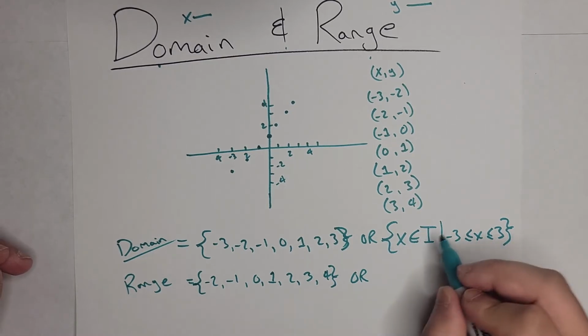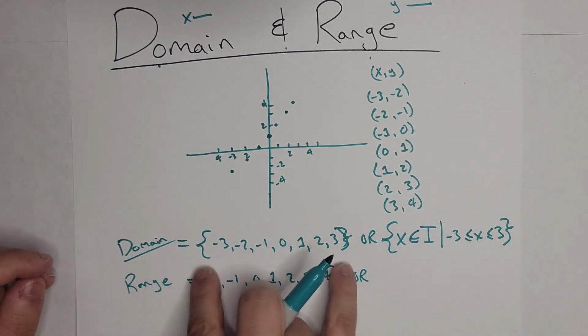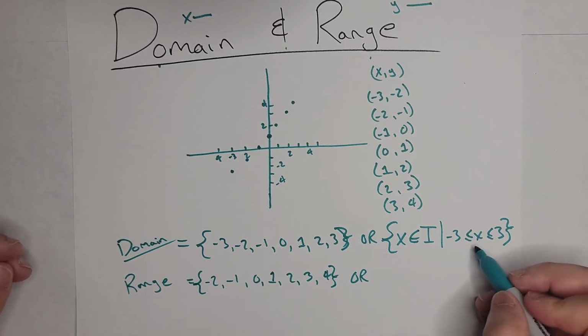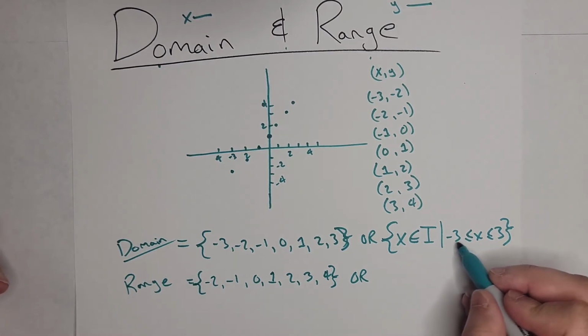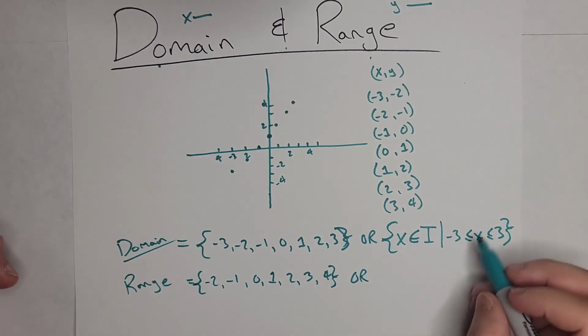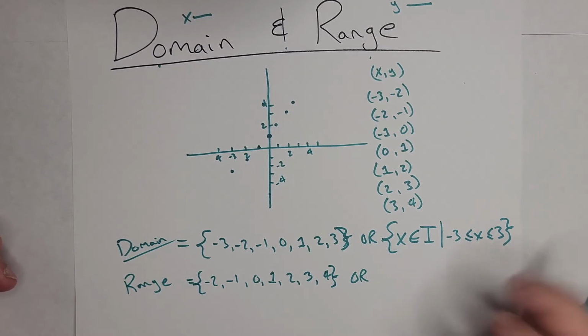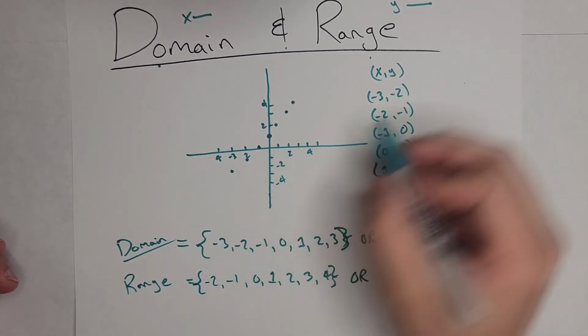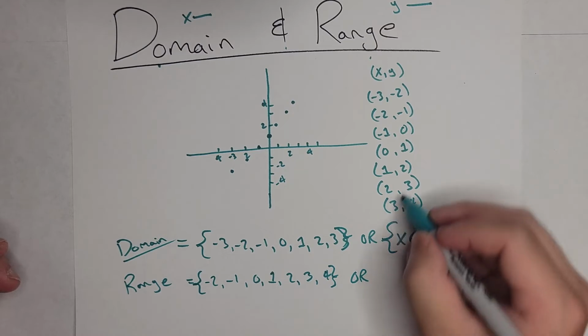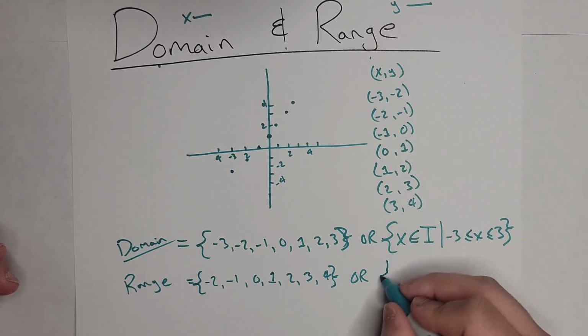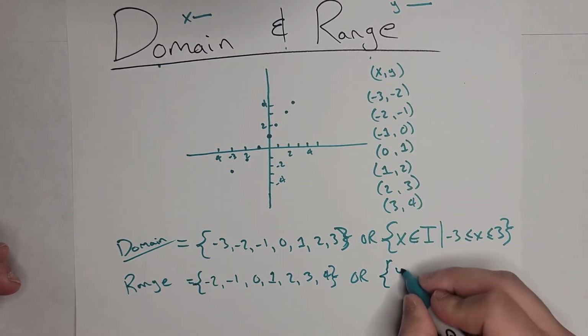So this basically means this. X is all the integers in this range, domain, but within these two numbers. We know that from -3 to 3, it's every integer. And same with the y.